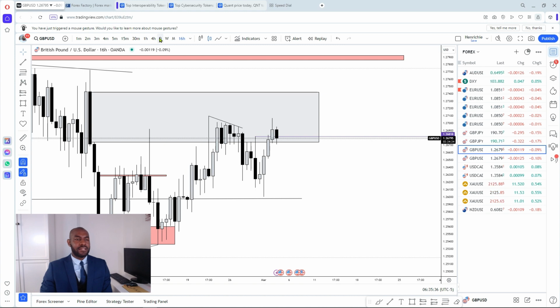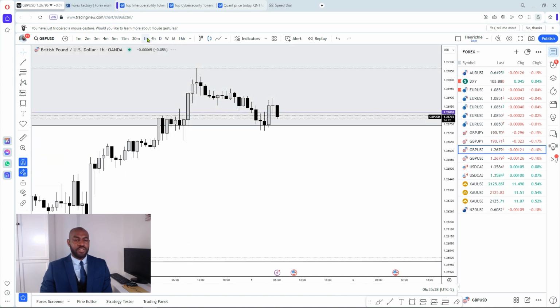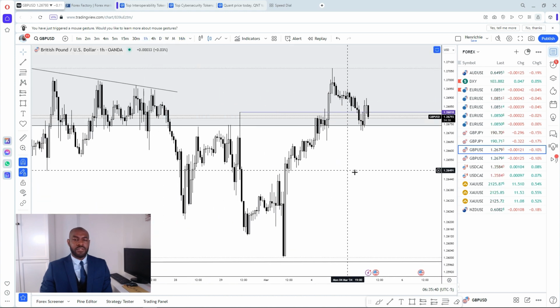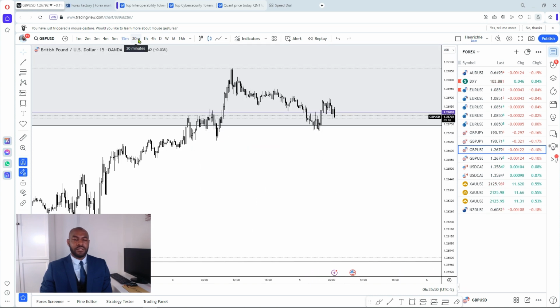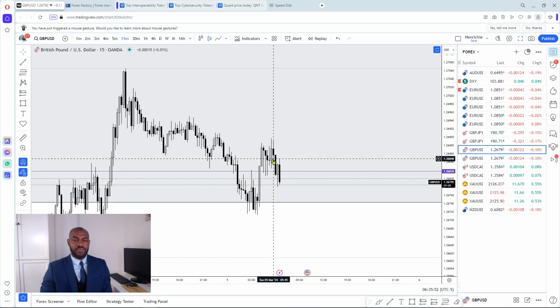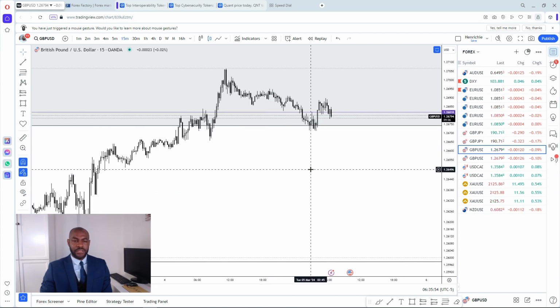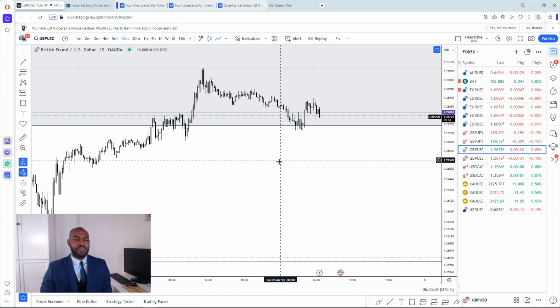So let's look at GBP US dollar. After GBP US dollar took liquidity from these highs, we saw this reaction to the downside. So the next thing we'll look at this. There's not been any break of structure.